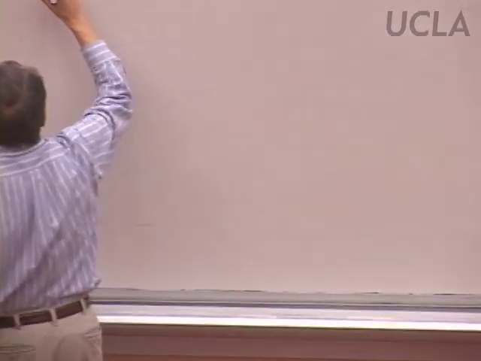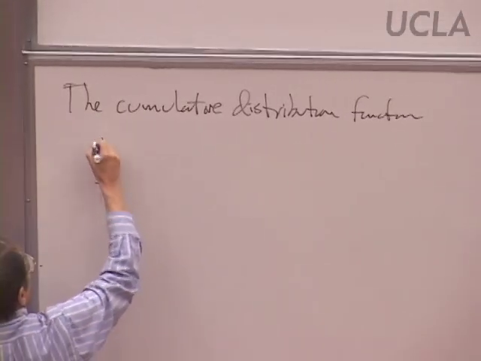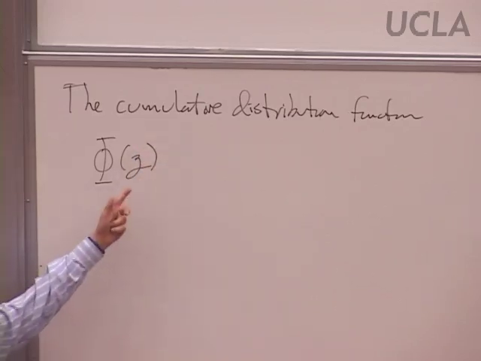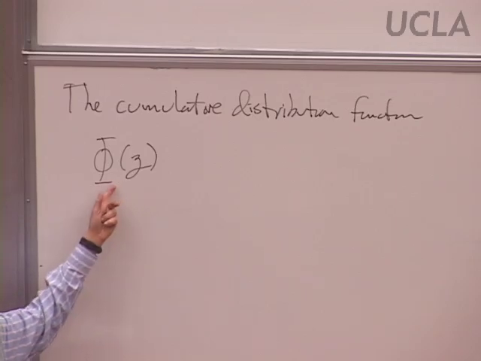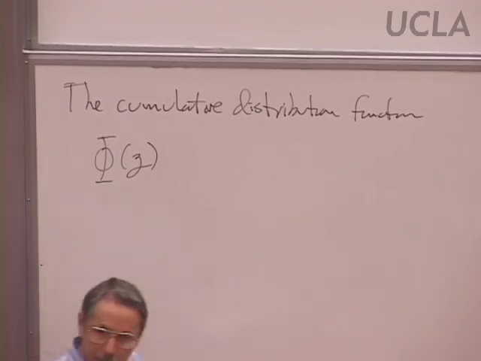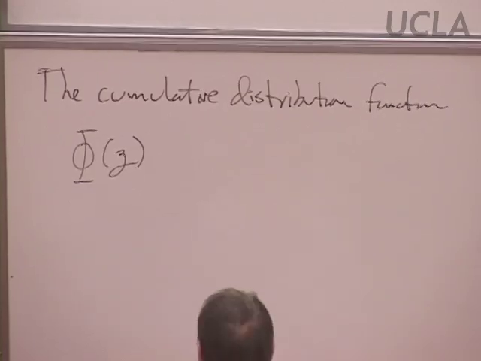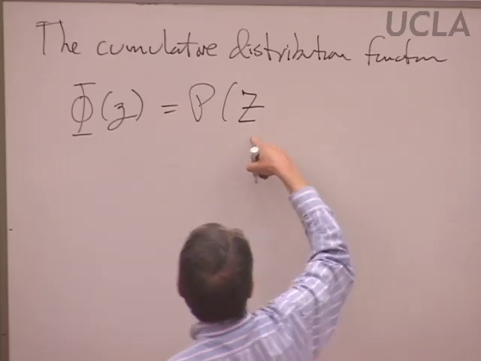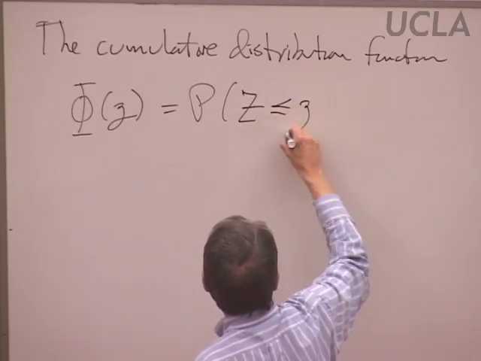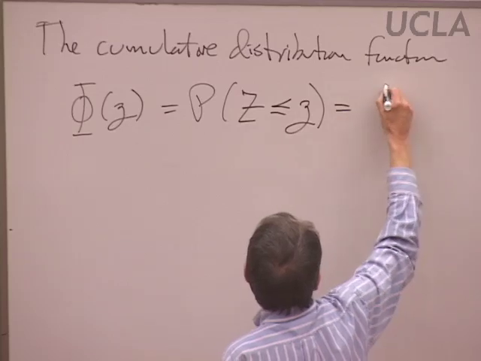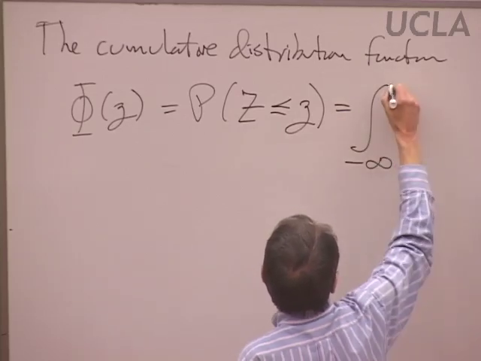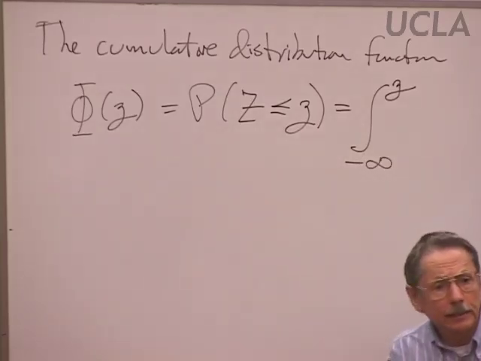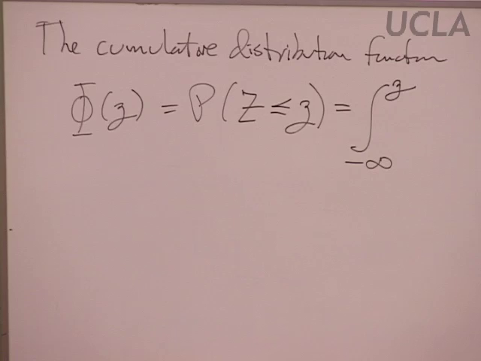That is, we want the function called capital phi, the function whose value at some number little z, okay, that's not a 3, that's a lowercase c, is the probability that the random variable is less than or equal to z. Well, we get that by integrating the density function.